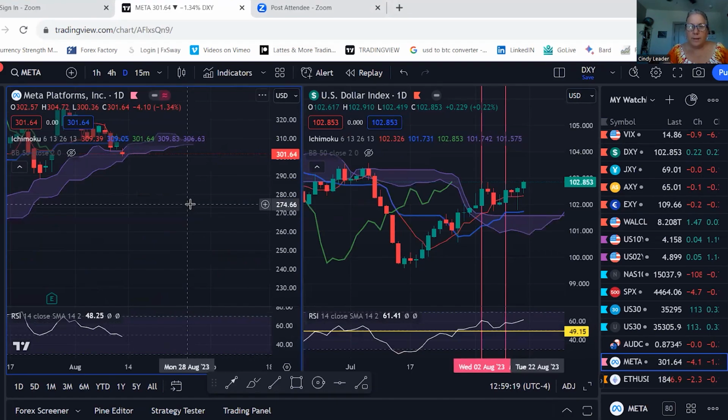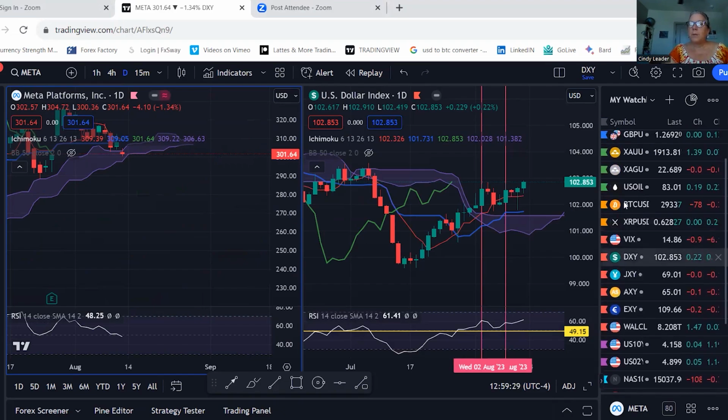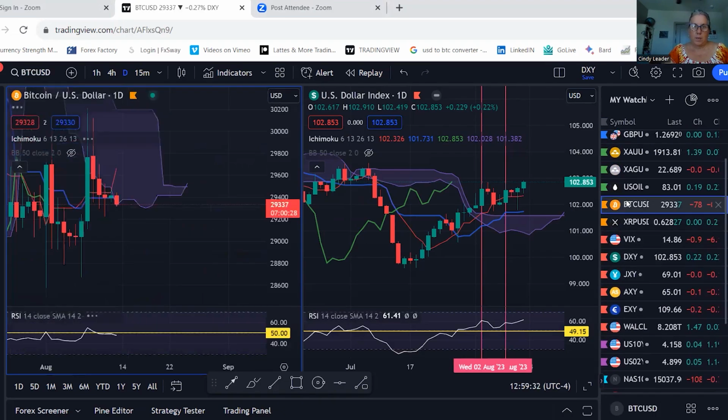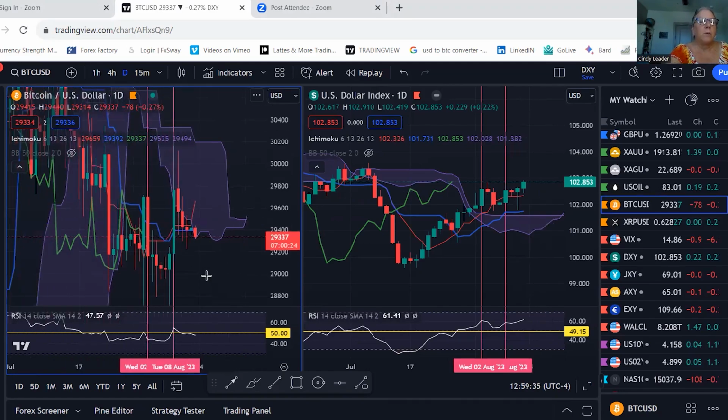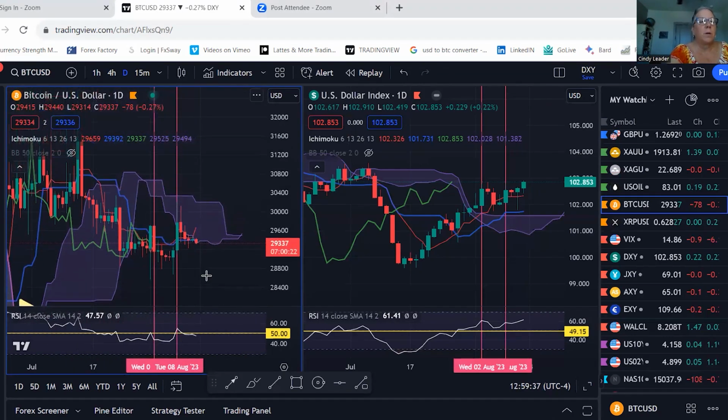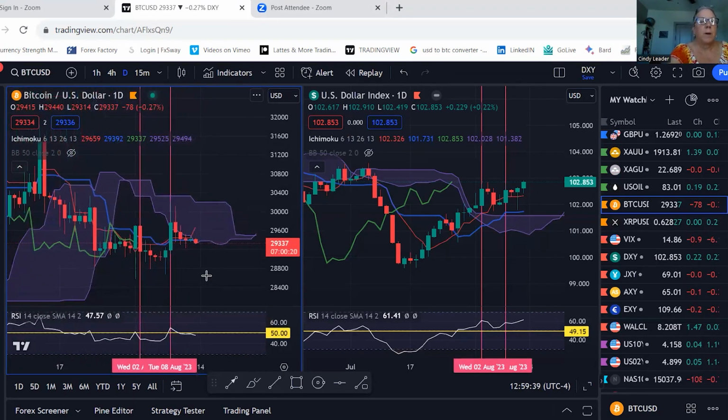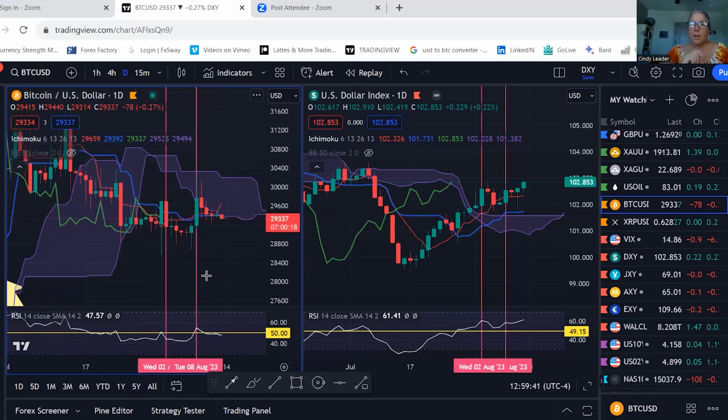Meta was the last thing I went into, but if I want to compare, let me move my face here, if I want to compare Bitcoin in comparison to the dollar index, and I marked this up ahead of time for you.